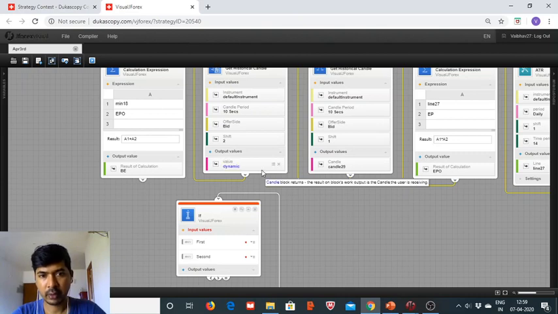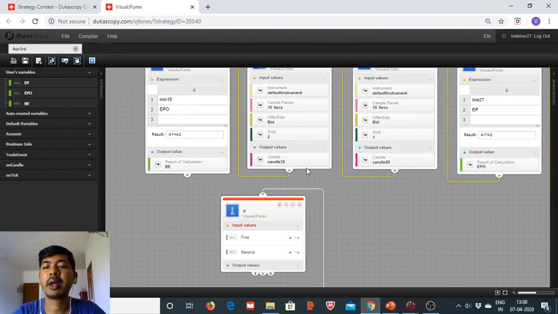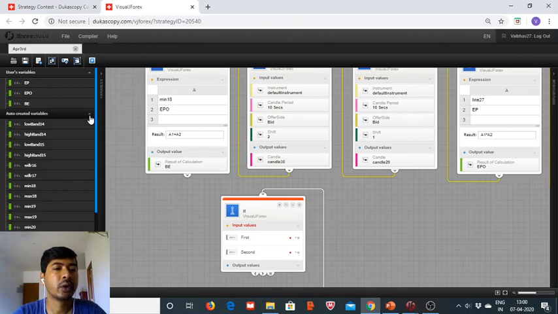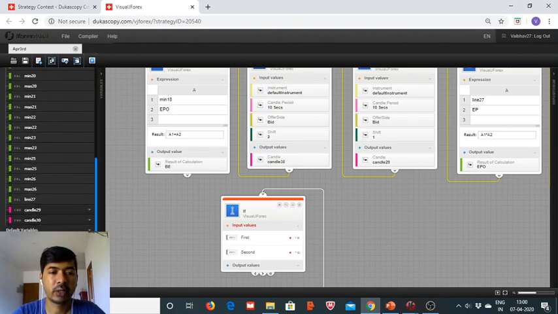So we will want the candle 30's closing to have happened below the buy execution price, and then the candle 29's close should be above. That will mean that the price is starting to rise above our desired entry point. And so we go to the auto created variable. Let me check if we have got, okay, we got this candle 29 and candle 30.